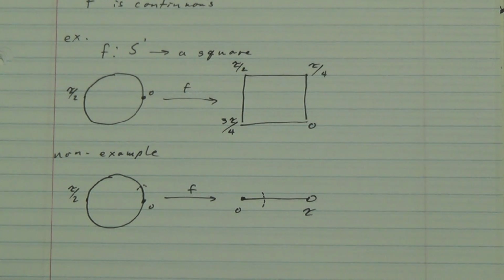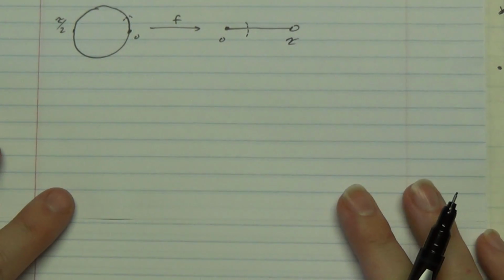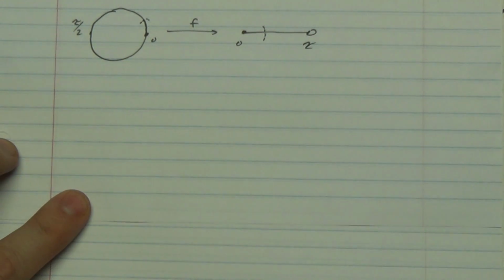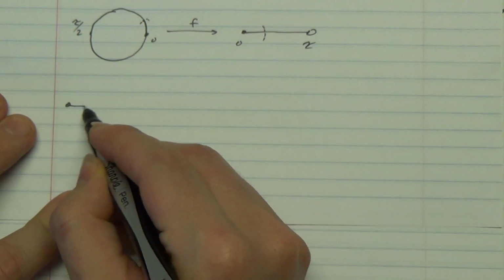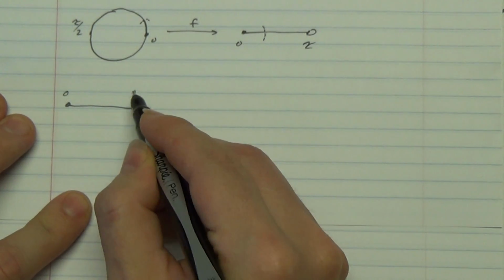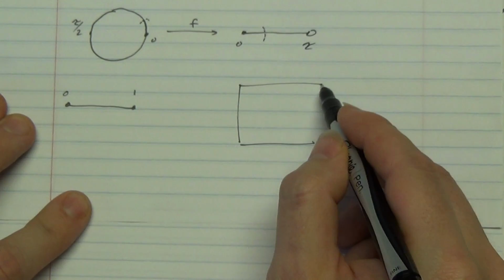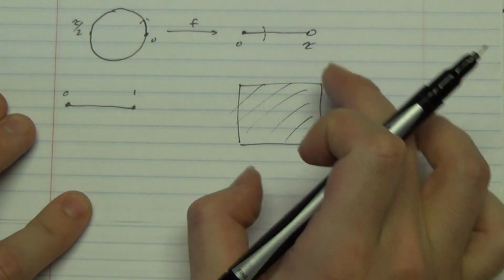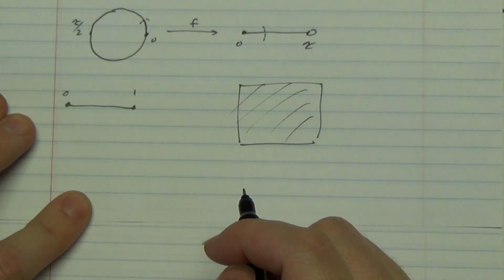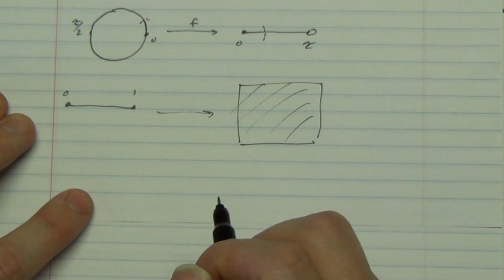Okay. Another non-example. Take the closed interval 0 to 1 with the usual topology and a square segment to the plane with, again, the usual topology, and try to make a map taking one onto the other.